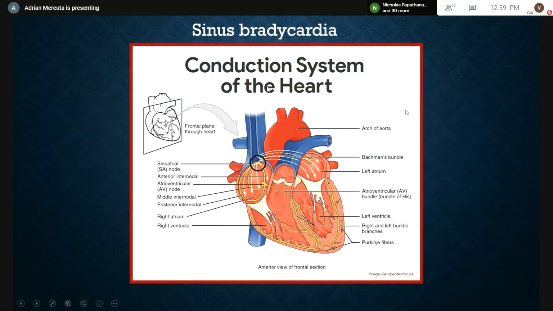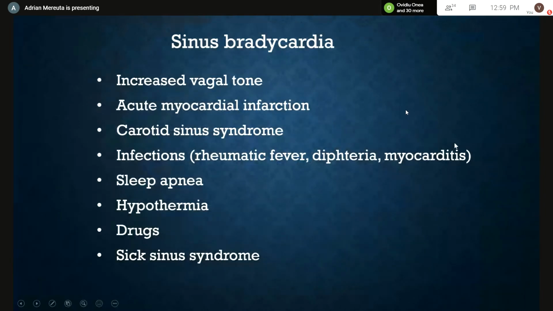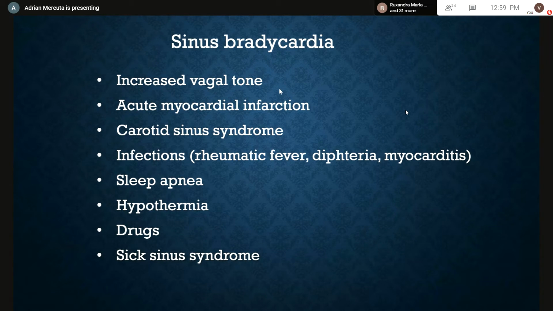Okay, we start speaking about the sinus node, sinus bradycardia. You see, I pointed here, the sinus node. Sinus bradycardia can have a few causes. One is increased vagal tone, like the vasovagal reflex, and this is the common faintness that you can see.